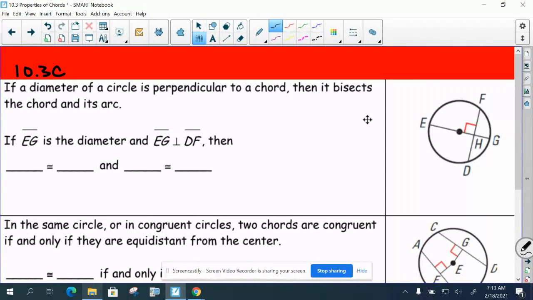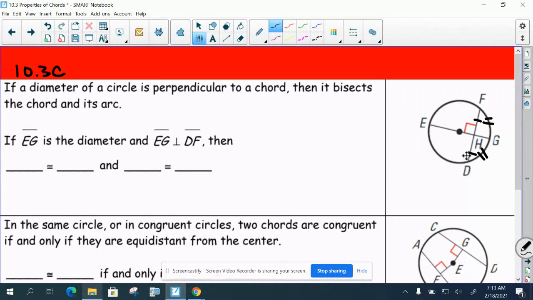So if a diameter is perpendicular to FT, then it bisects the chord, so that means FH is congruent to DH, and its arc. So that also means that arc FG would be congruent to arc GD.